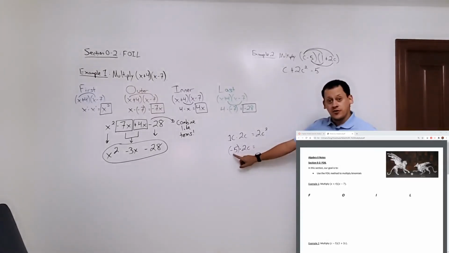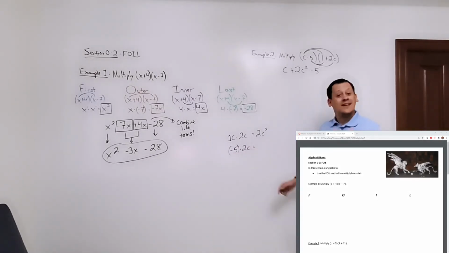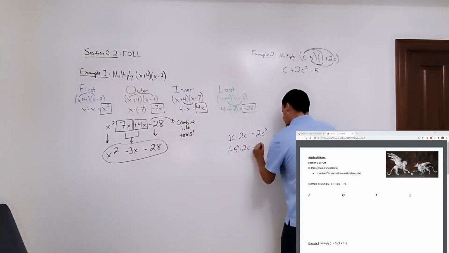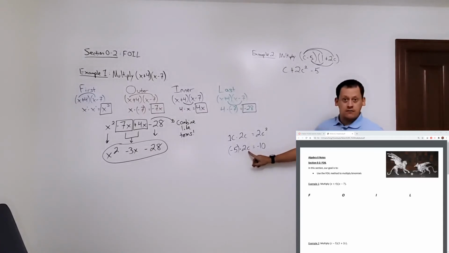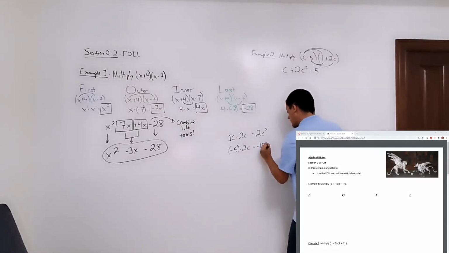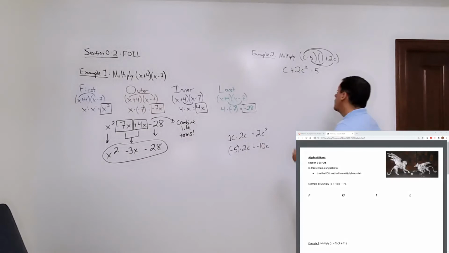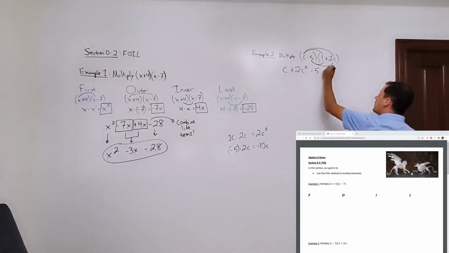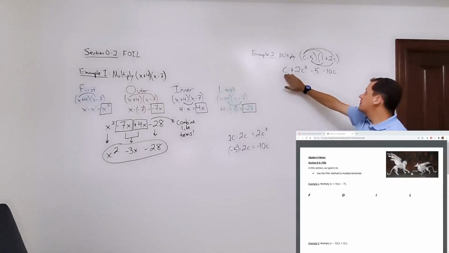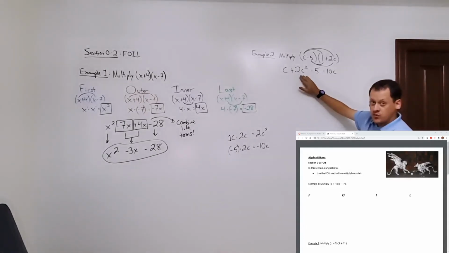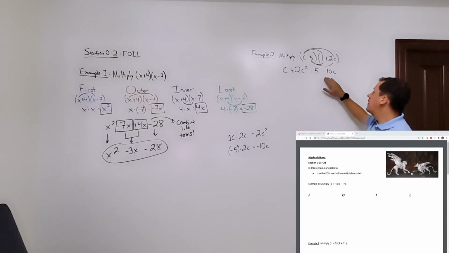Multiply your numbers first. Negative 5 times 2 is negative 10. And there's only one C here, so we just tack a C on at the end. This is negative 10C. So these are the four terms that we get. C plus 2C squared minus 5 minus 10C.